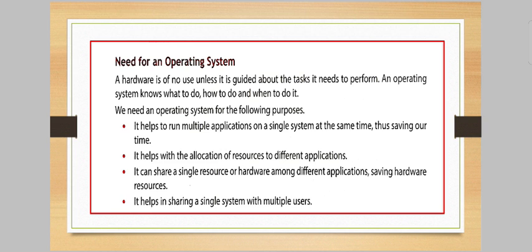It helps with the allocation of resource to different application. It can share a single user or hardware among different applications, saving hardware resource. Next is it helps in sharing a single system with multiple user. Okay, so these are the few points about need for an operating system.